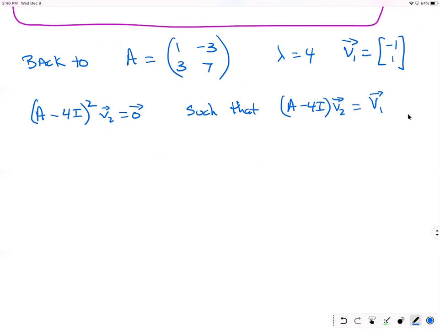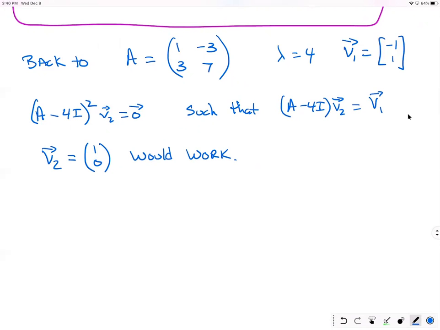And let's look at this. v2 equals (1, 0) would work. Now, I'll get to how I found that in just a second.